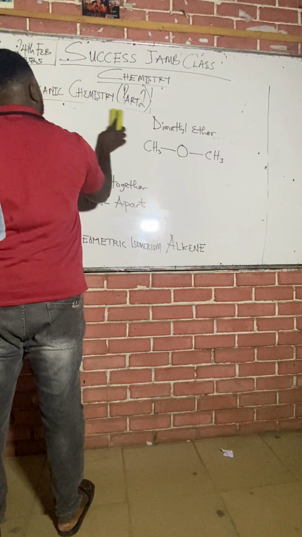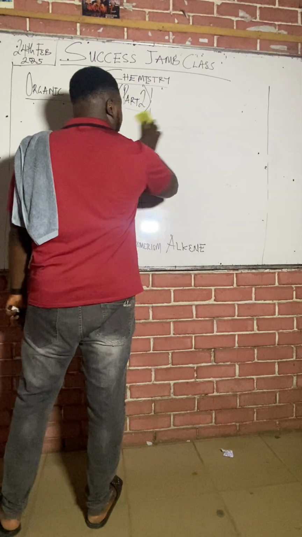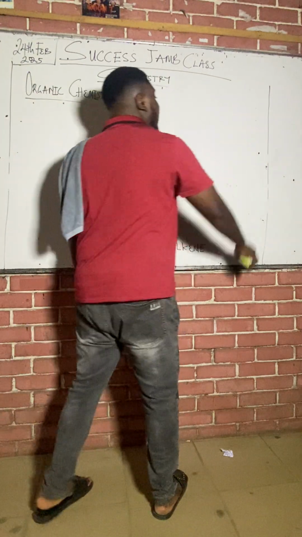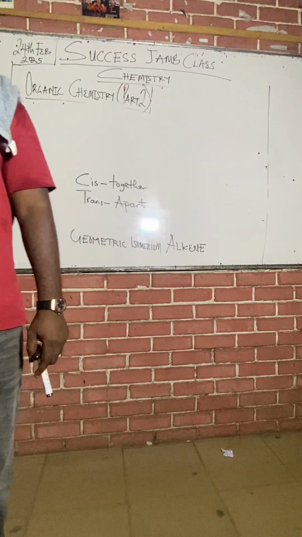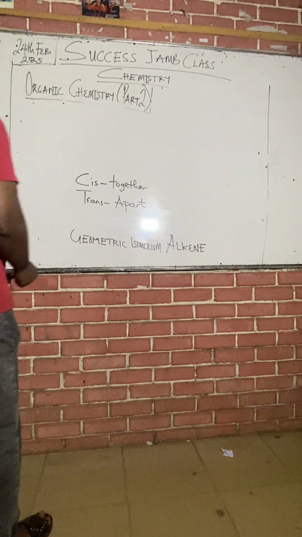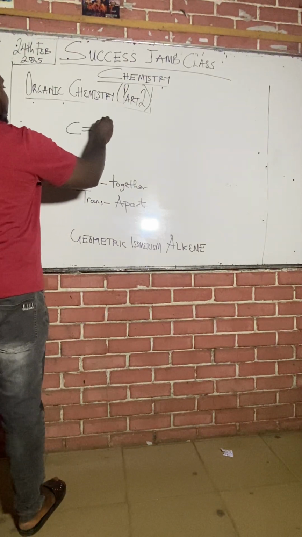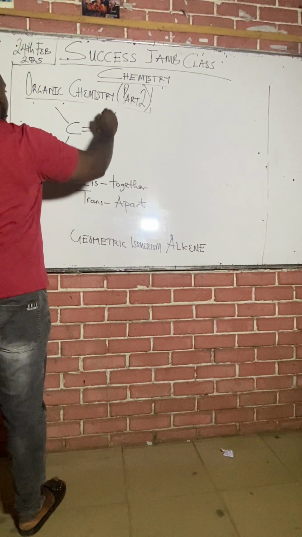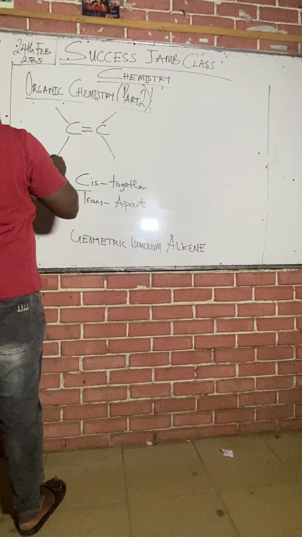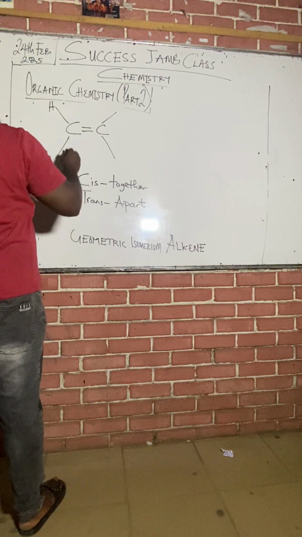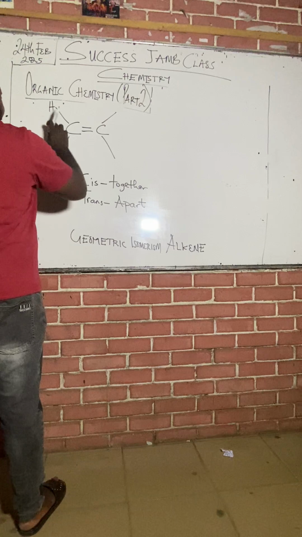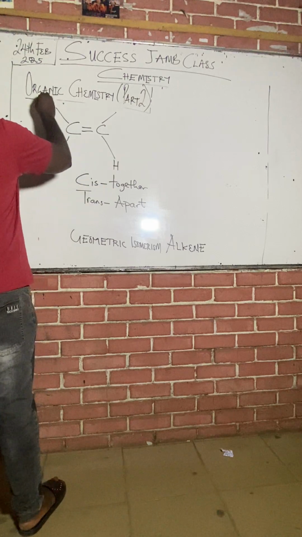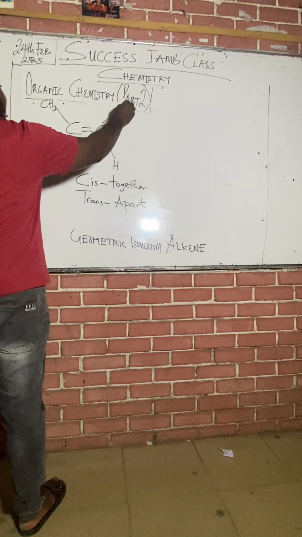Class, in the cis isomer, similar functional groups are found on the same plane of the structure. But in trans isomers, similar functional groups are found on opposite planes of the structure. Good example, if you look at this, we have H, we have H, we have CH3, and we have CH3.